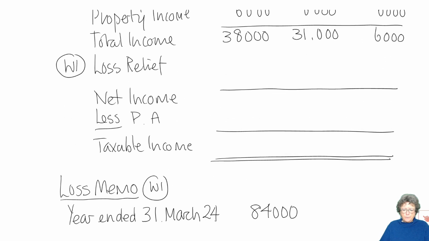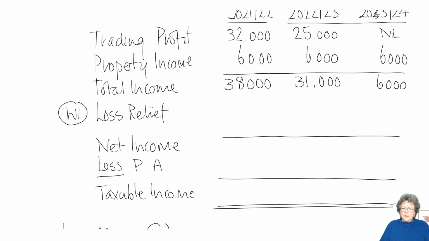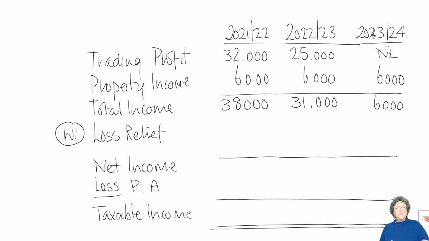Now, the way that we deal with this, we're not going to carry it forward because the question clearly said that that would be the case. We could do a current year claim. This is the current year. We could do a current year claim, but the question said that we needed to do it the most beneficial way.